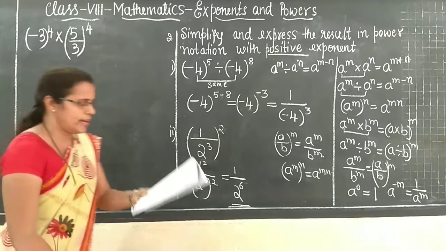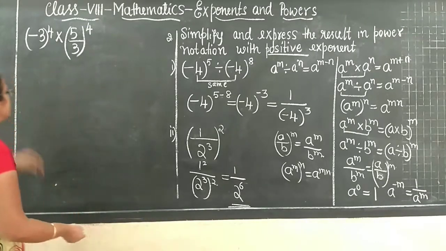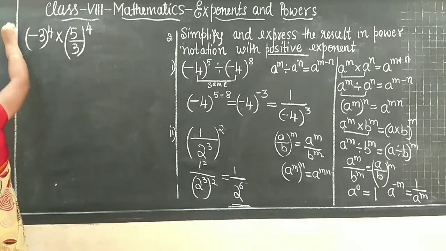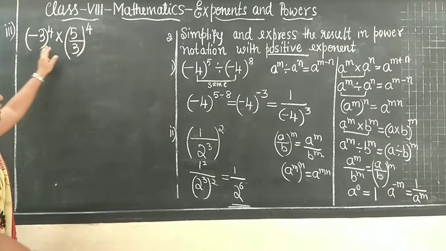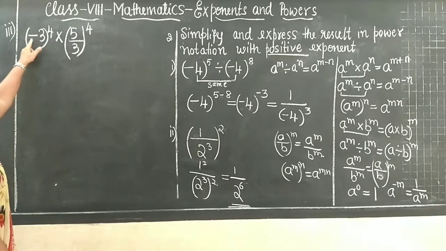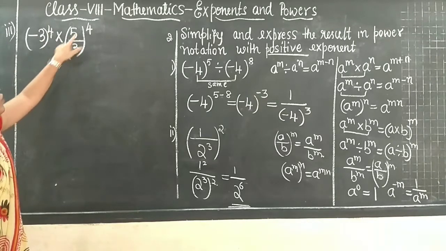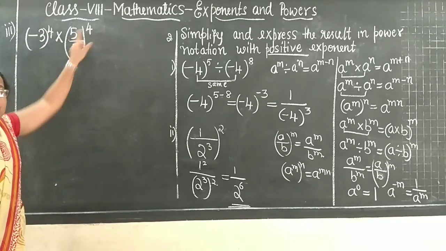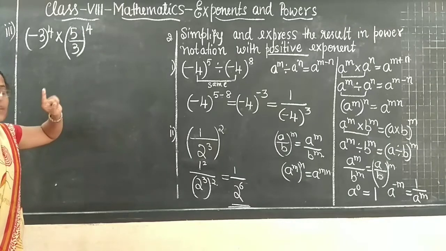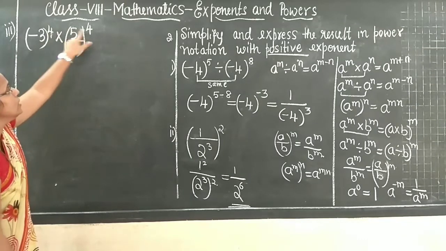Okay, so how can I do this problem? Now see here. What is this? Minus 3 whole to the power 4, 5 by 3 whole to the power 4. Just compare the powers once. See, are the powers the same or not children?